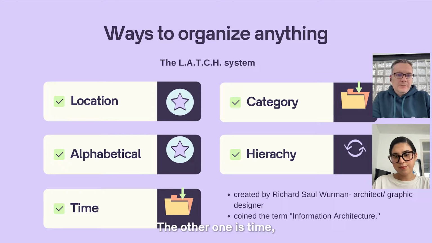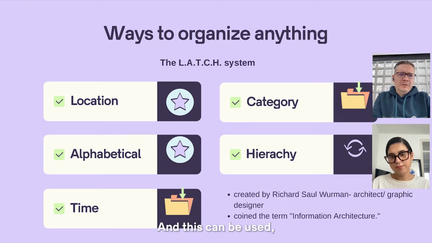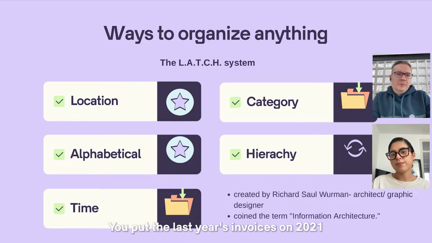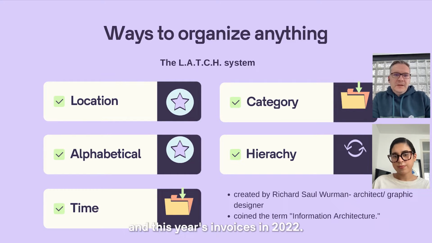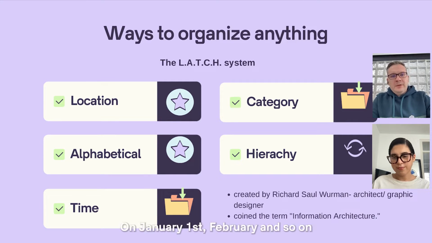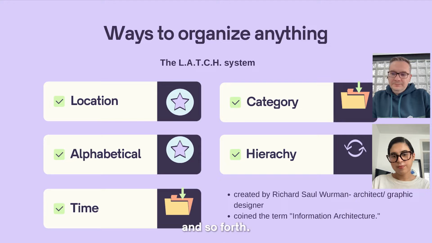The other one is time. So you're using time as a criterion to organize information. This can be used, for example, in invoicing. You put last year's invoices in 2021 and this year's invoices in 2022, on January 1st, February, and so on and so forth.